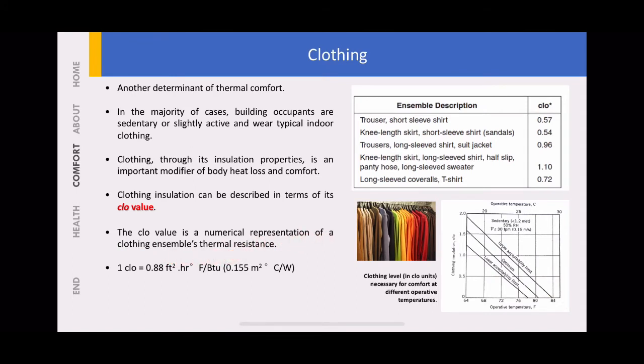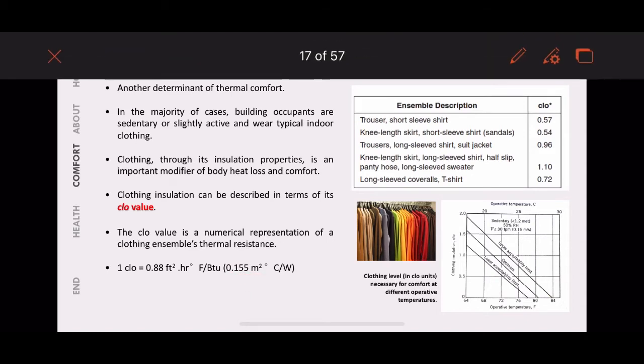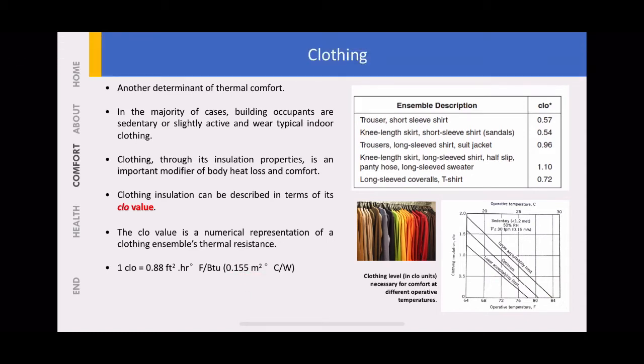The thicker the clothing that you wear, the higher the CLO value. 1 CLO is equal to 0.88 feet squared times hour Fahrenheit per BTU, in brackets 0.11 meters squared degrees Celsius per watt.